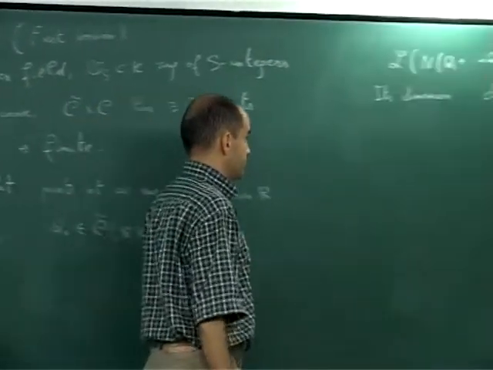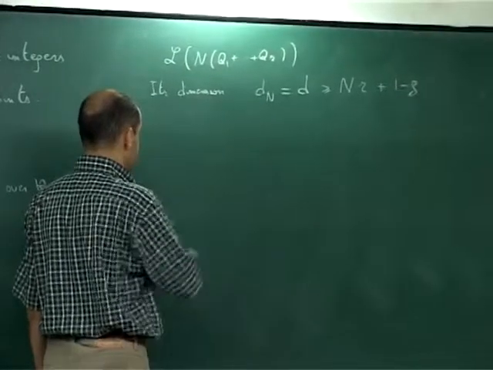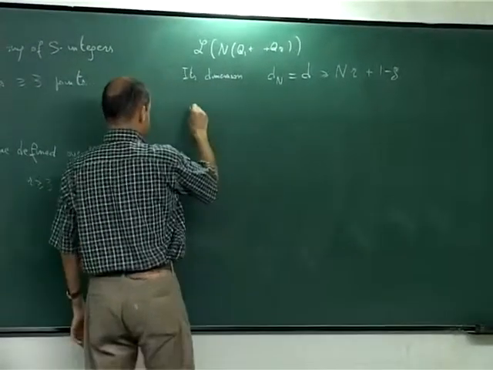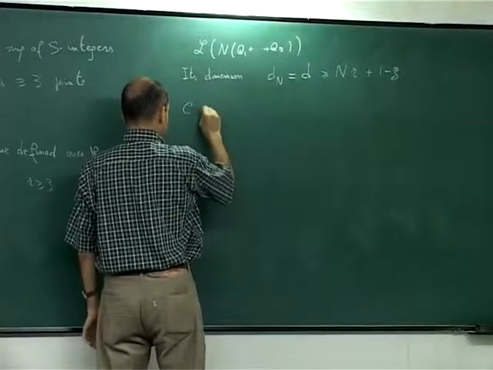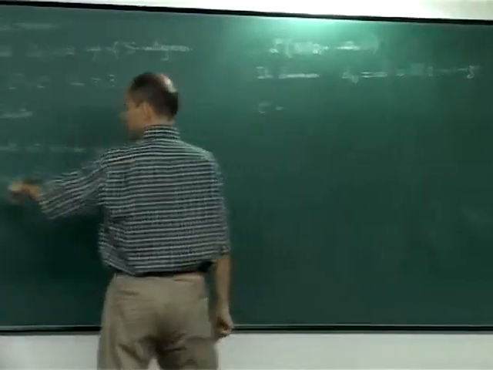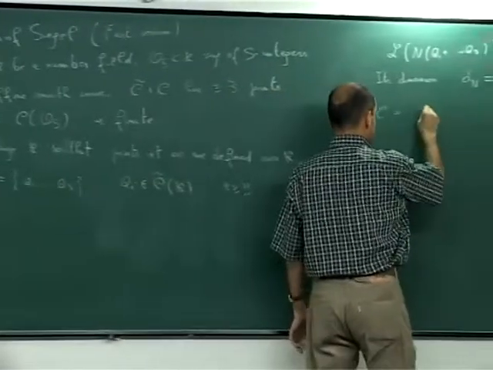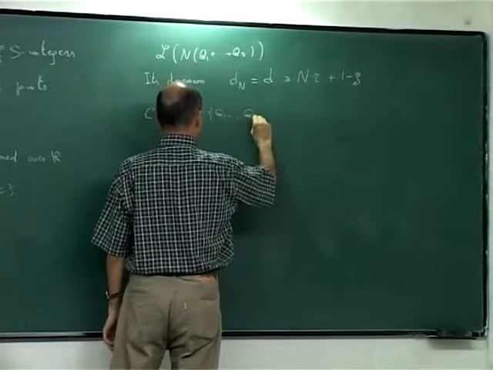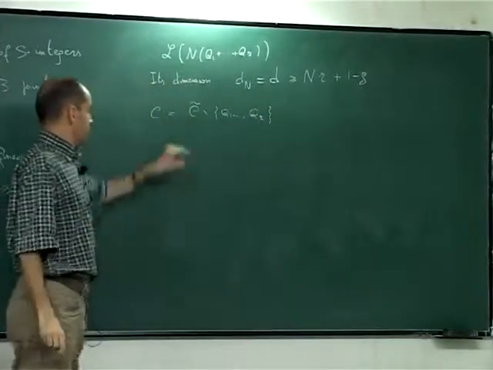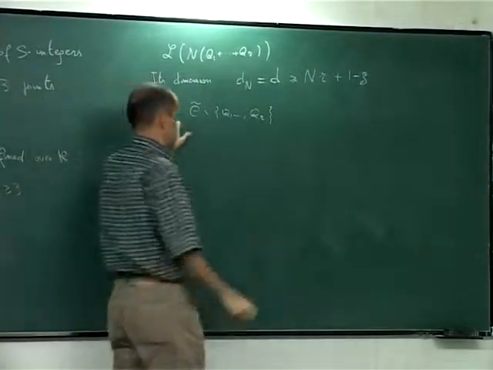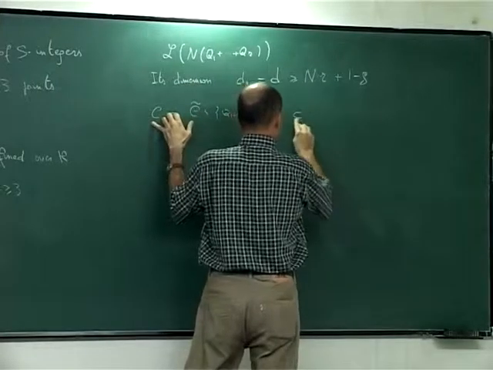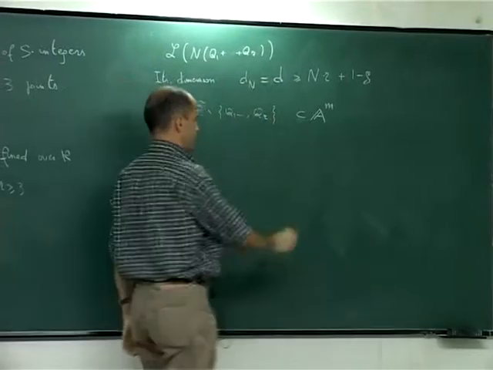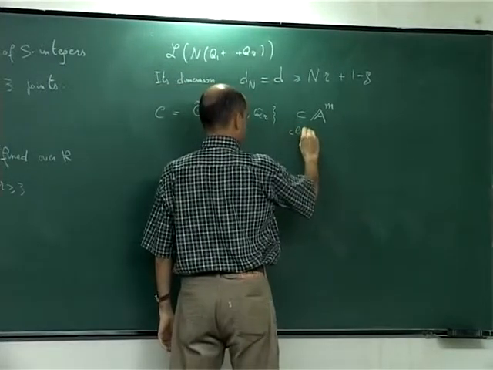Then we can view C, which is, as I said, C tilde minus the points at infinity, as a closed subset of a certain affine space.